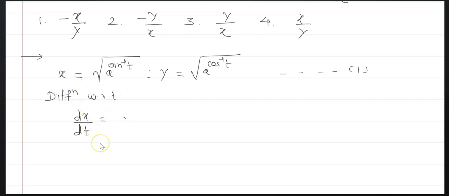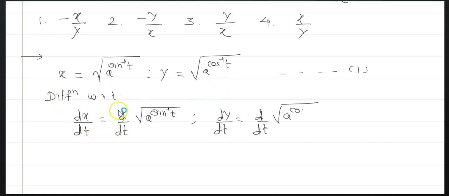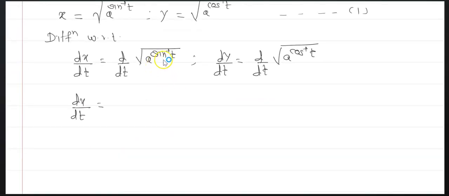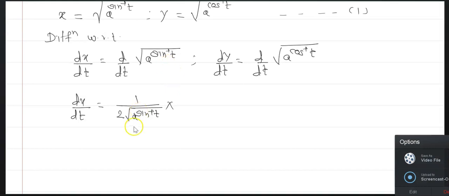Differentiate this. This is a parametric derivative. dx upon dt, d/dt of root of a raised to sine inverse of t. That is 1 upon 2 root of a raised to sine inverse of t into derivative of a raised to sine inverse of t, which is a raised to sine inverse of t into log of a into derivative of sine inverse of t.